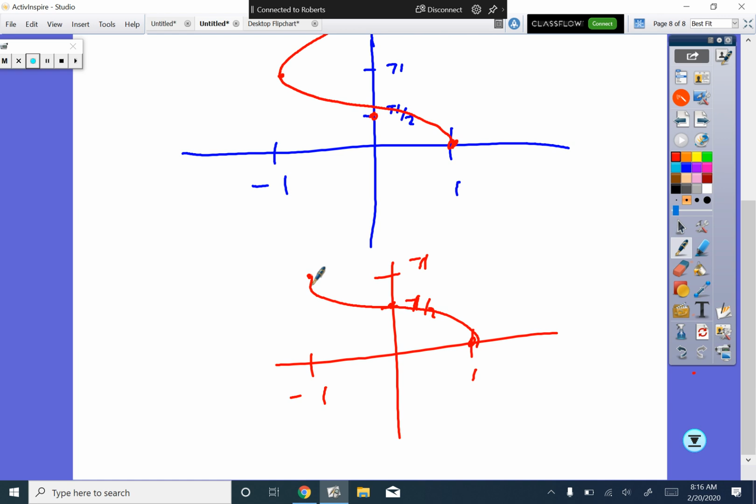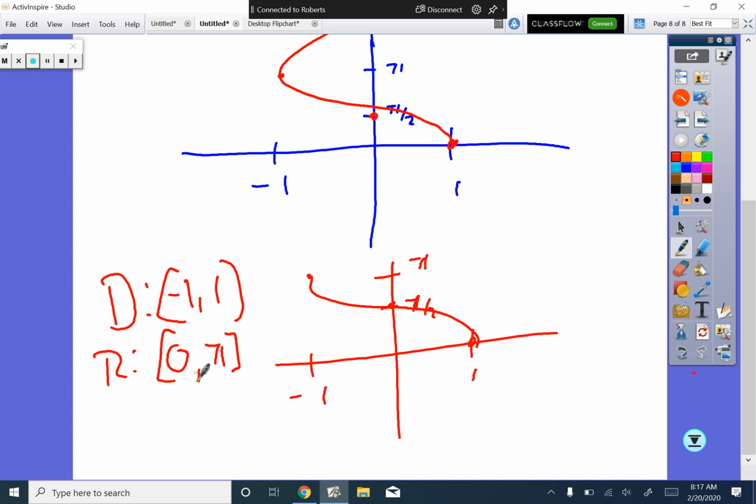So what's its domain? What's its range? 0 to pi. Yep. So all inverse cosines will give you an angle between 0 and pi.